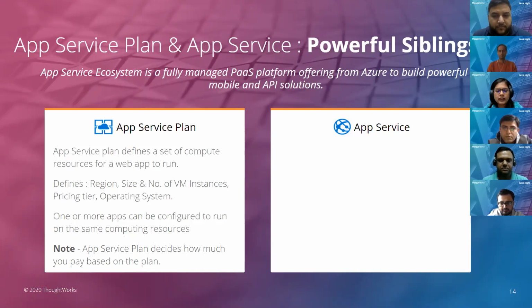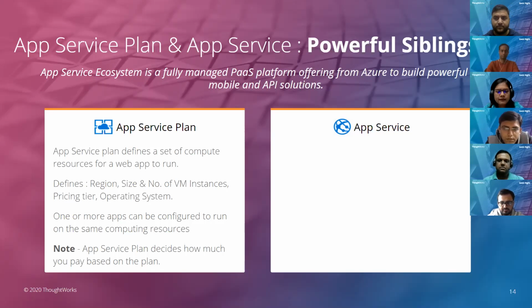So whenever you create a new app service plan, we need to define these characteristics first: the number of instances, size, OS, region, and resources like this. Based on your app service plan, your pricing is also decided. So the app service plan decides how much you pay.